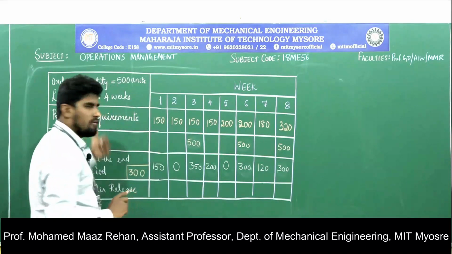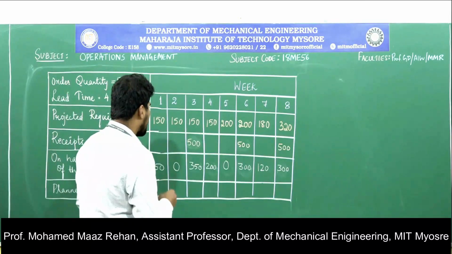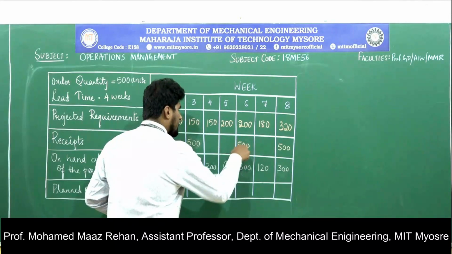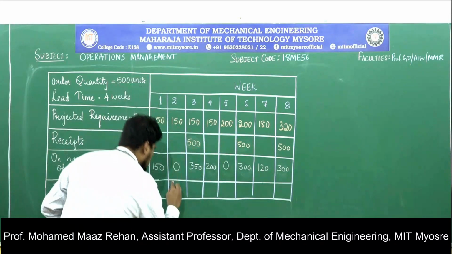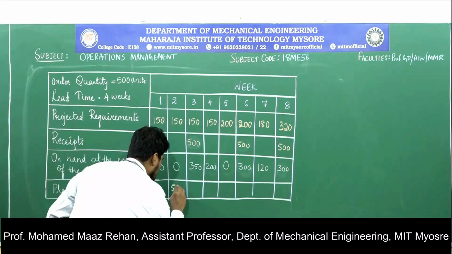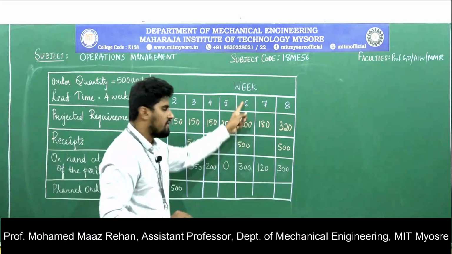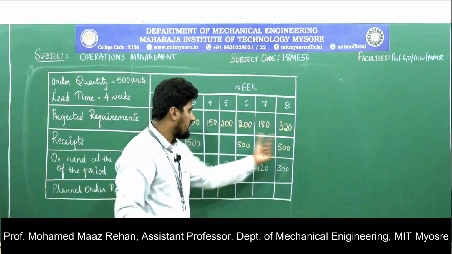In this problem, the lead time they have given is 4 weeks, right? Counting 1, 2, 3, 4, if you place an order in week 2, you are going to receive it in week 6. Again in week 8 you should have 500 units.